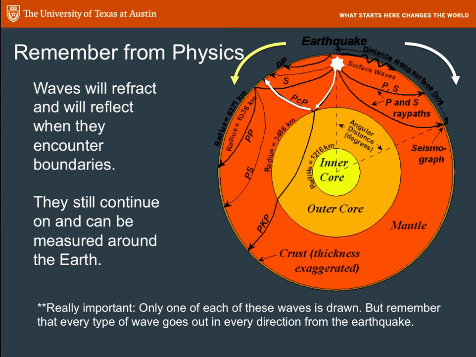That wave could also have hit the core and refracted and traveled through the core to the other side, and then refracted again as the density changes abruptly and come back up to the surface way over here, and we call that a PKP, the K meaning it traveled through the core. So scientists use these designations to look at a seismograph recording of an earthquake and tell what its pathway was.